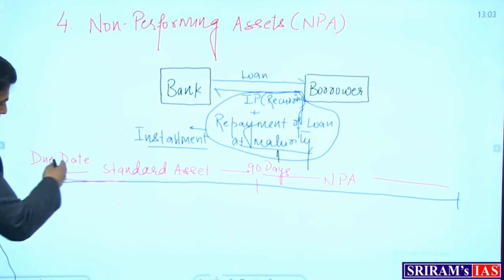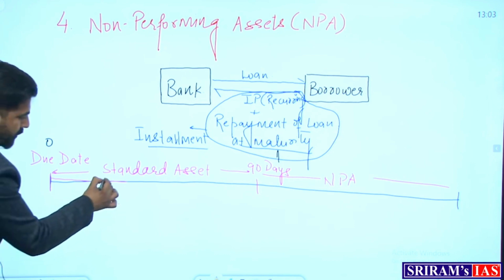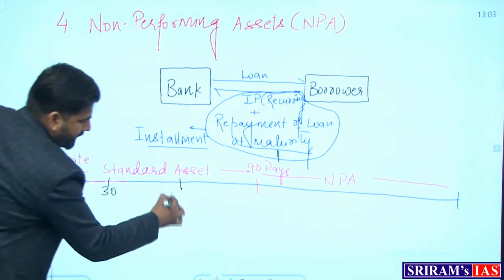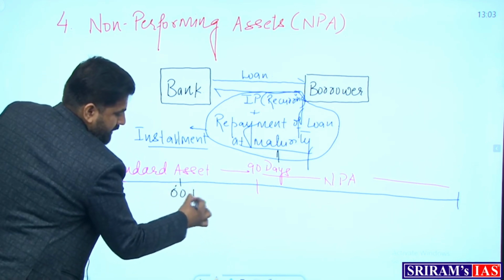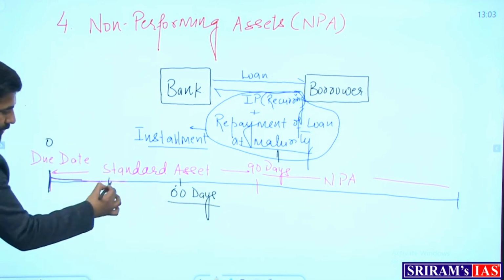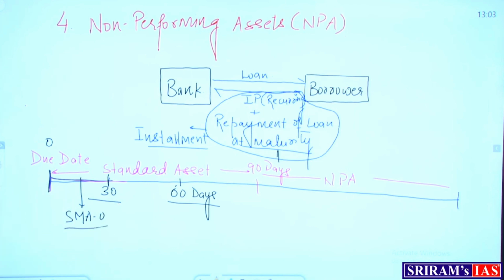Now, you see from this zero date, this is 0 to 90 days. Once you have missed your installment, your loan account is put into a special mention account. A special mention account, let me talk about this. If your overdue period is 0 to 30 days, your account is classified as SMA 0, special mention account 0.